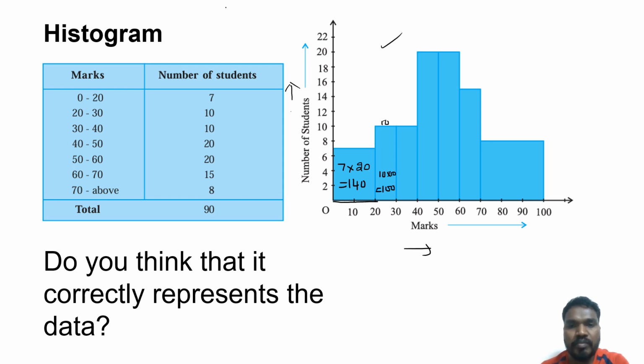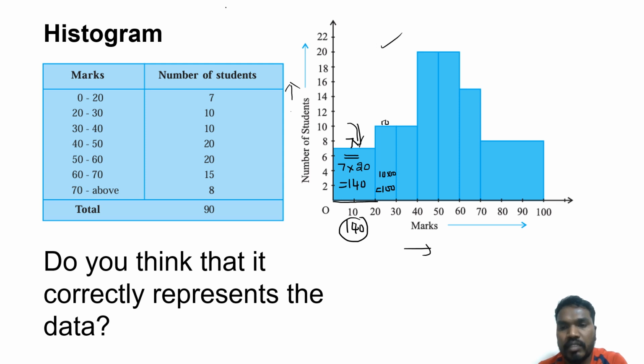Now the frequency here is 7, so this rectangle should have less area, but it is having higher area, which shouldn't be.